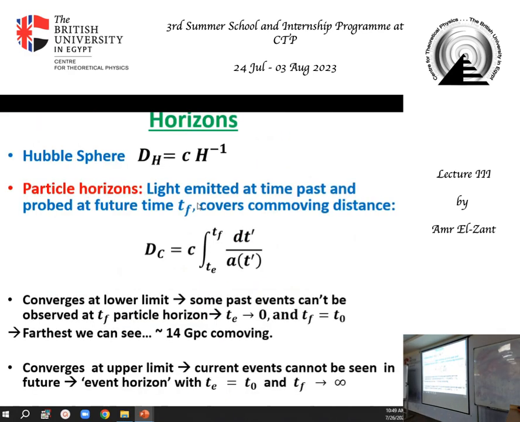There are horizons connected to that. We saw the Hubble sphere before, the length of an expansion time, which was connected to the Newtonian approximation. We said that the distance between galaxies shouldn't be larger than that, otherwise the universe would be changing its scale faster than the communication time between galaxies.